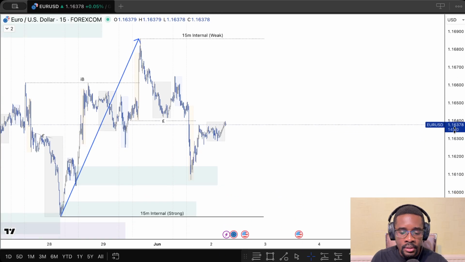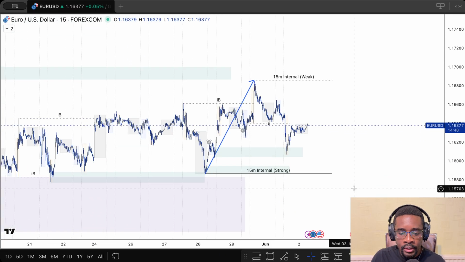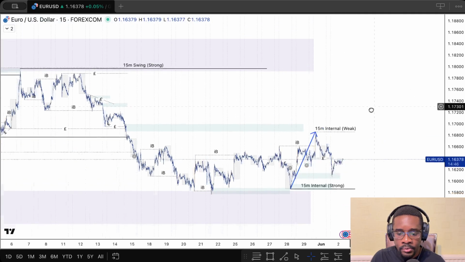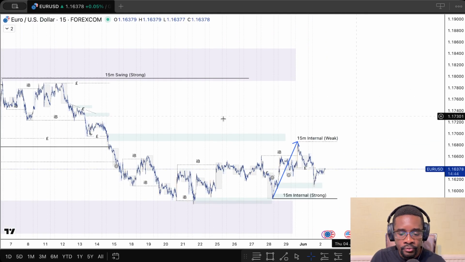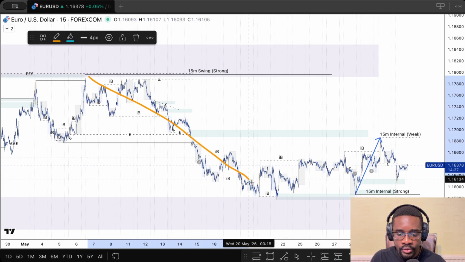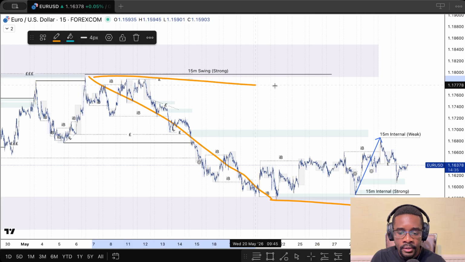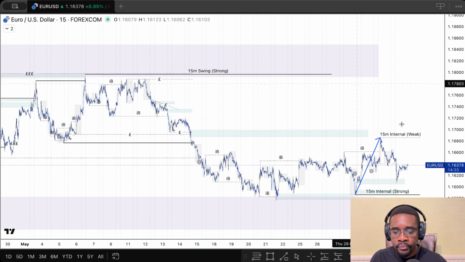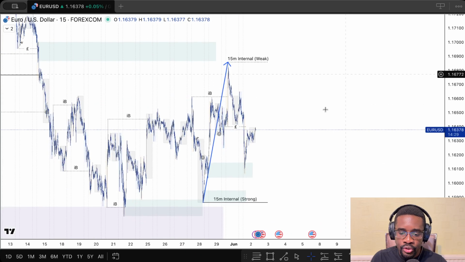So our internal, okay, so we understand that our swing range, the 15-minute swing range, is bearish. This is the swing range, which is bearish. All right, this is the range that we're in. But our internal is bullish.